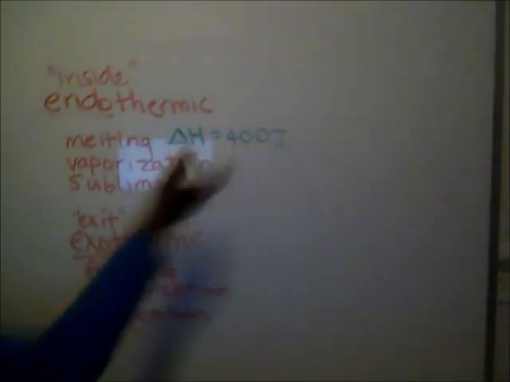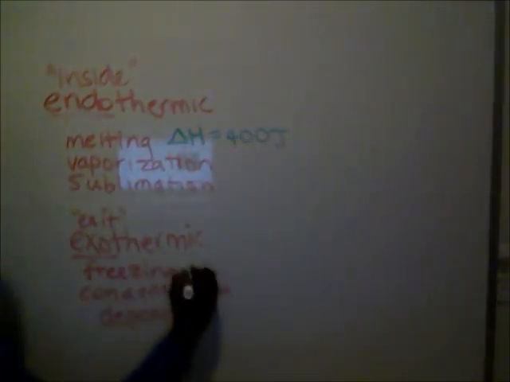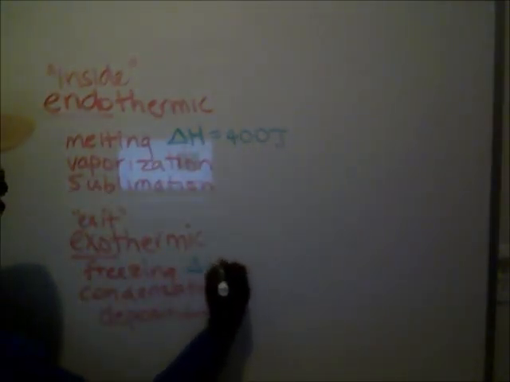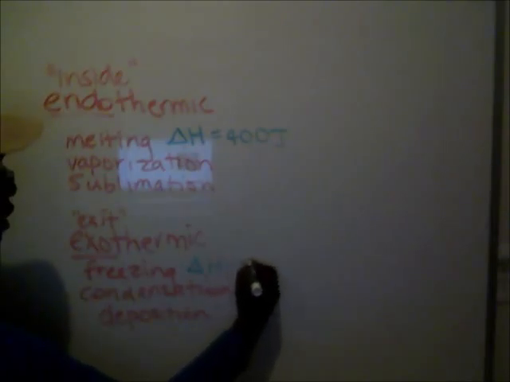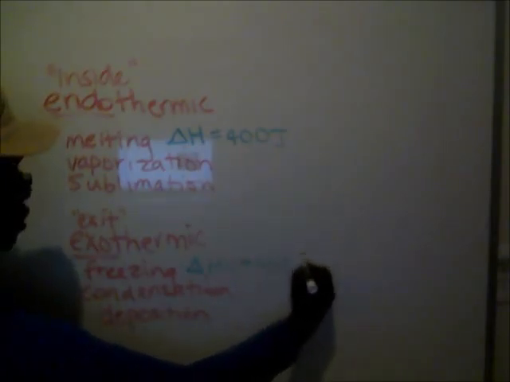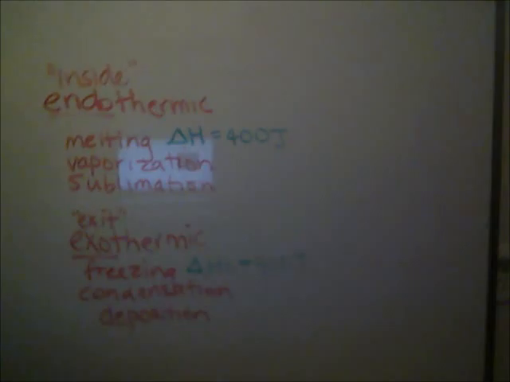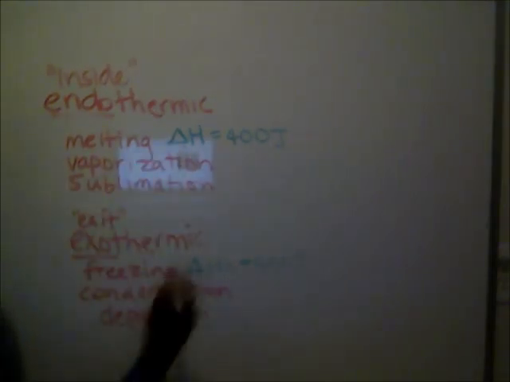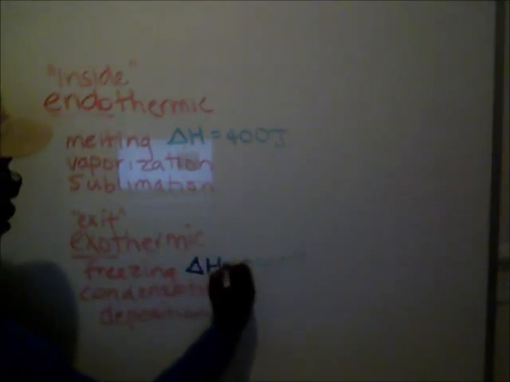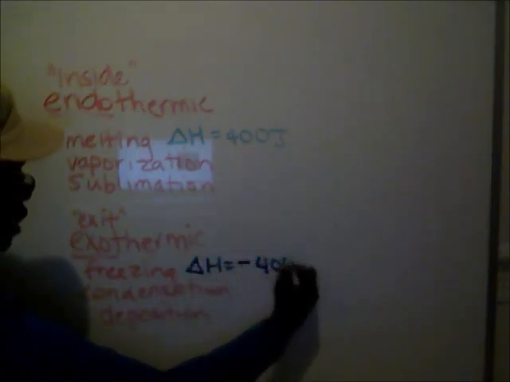So if it requires 400 joules to melt, it's going to release negative 400 joules when it freezes. Okay, so if this is positive 400, then it's going to release negative. Let me just write this so it's a little easier to see.